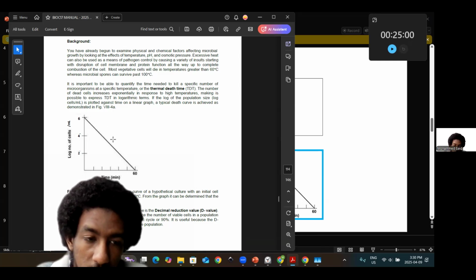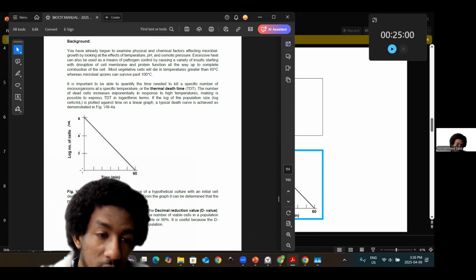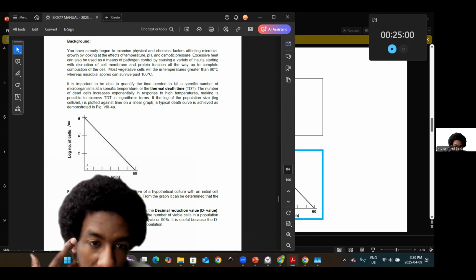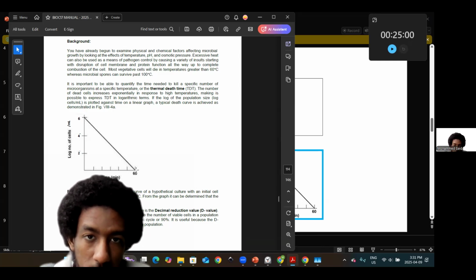In this case, let's say one. So this is actually 1 million bacteria, right? So 1 million cells per mil. It goes down in 60 minutes all the way to zero. That's technically 10 to the power of zero, which is technically one bacteria remaining, right? So that's why I want you guys to think critically. Essentially, the time that it takes to reach one bacteria is your thermal death time.